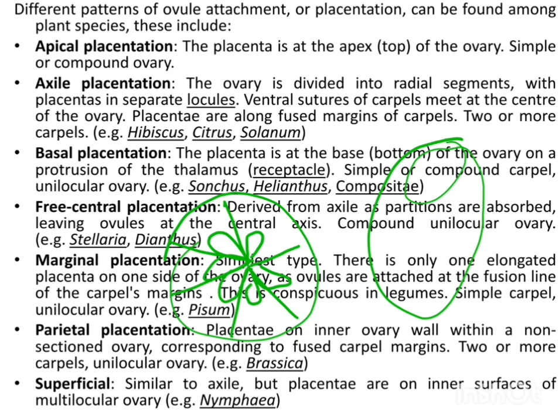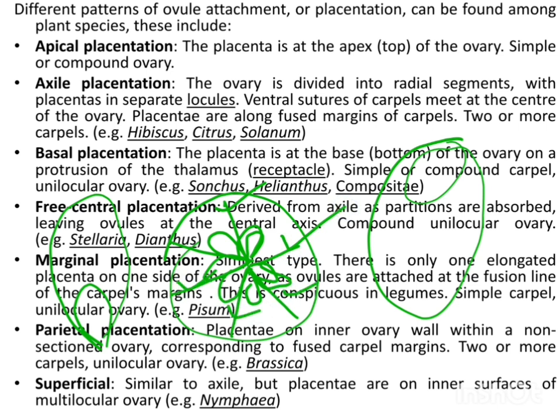Then basal placentation, where the ovule is attached to the base of the ovary. Then free central placentation, where the ovules are attached to the center, but the septa or spokes are totally absent.